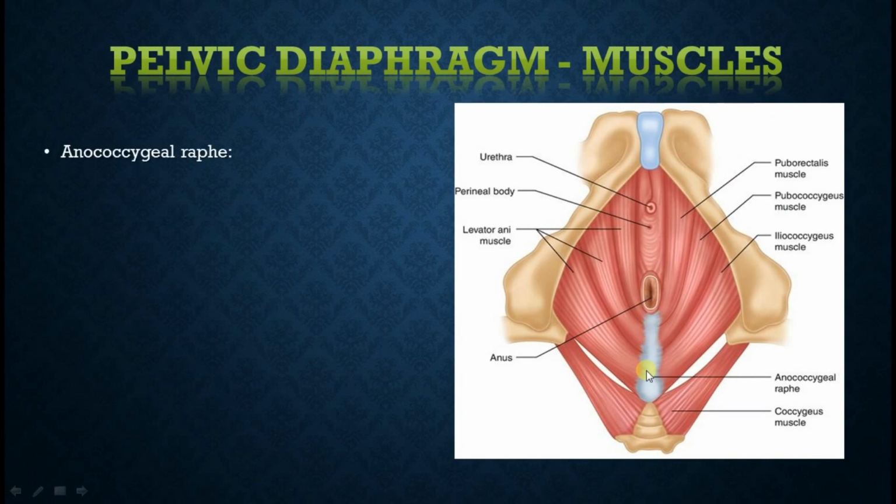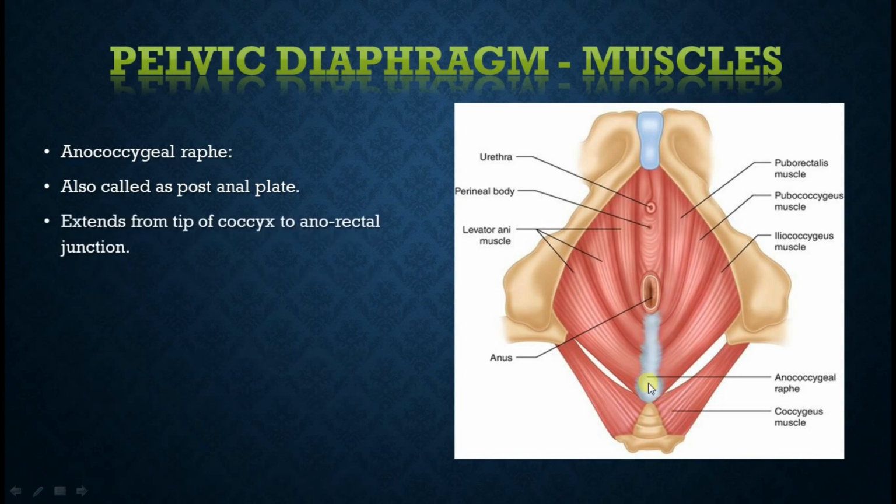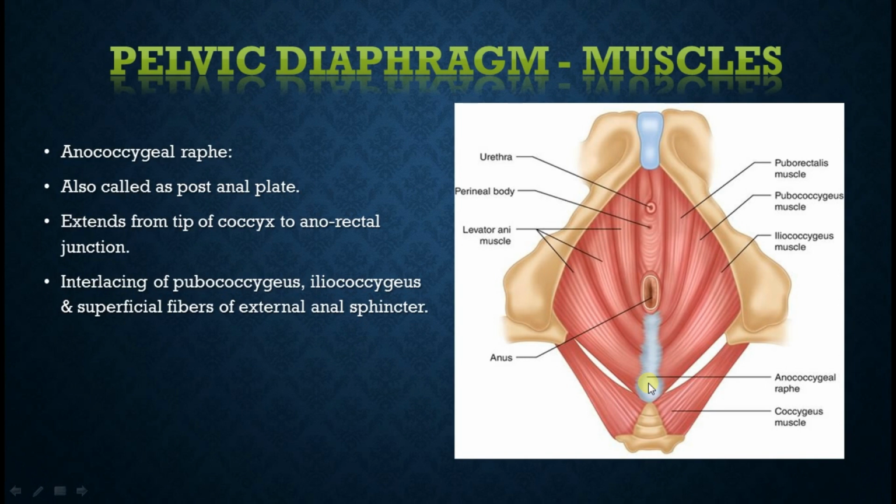Anococcygeal raphe is also called the post-anal plate. Anococcygeal raphe extends from the anus to the tip of the coccyx. It is an interlacement of muscle fibers: pubococcygeus, iliococcygeus, and the muscle fibers of the external anal sphincter.